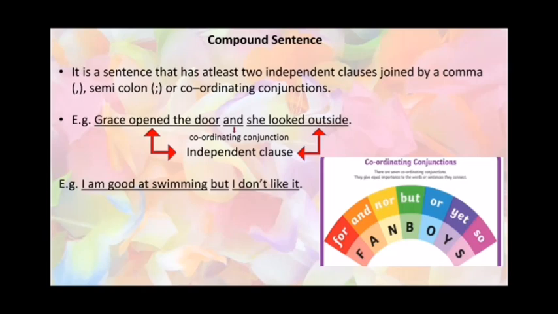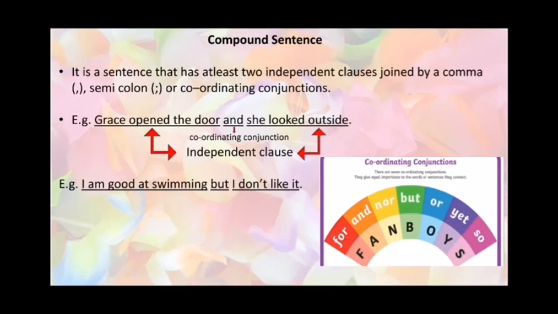For example, Grace opened the door and she looked outside. In this, if you can see, we have two independent clauses. We do not have a dependent clause. We have two independent clauses. That is, Grace opened the door has a meaning in itself.